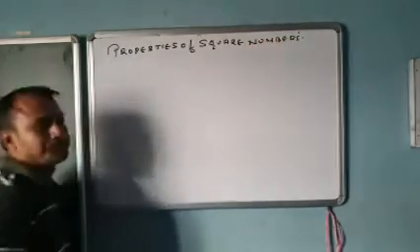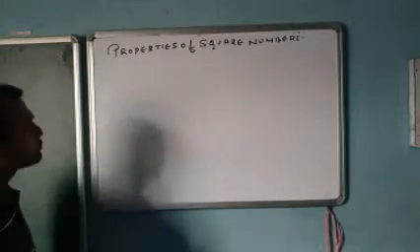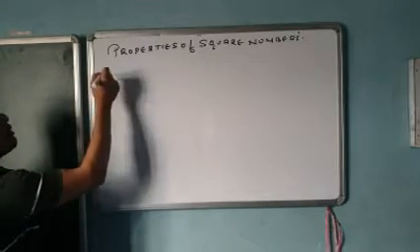Now please see, what are some of the properties of a square number? Property number 1.